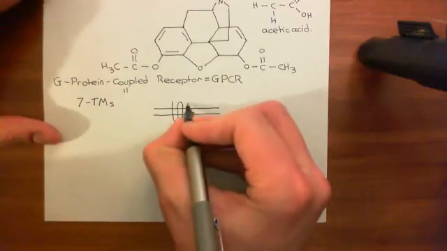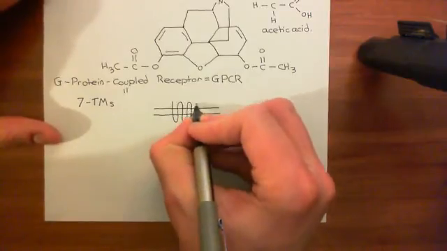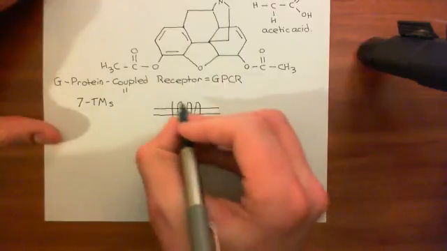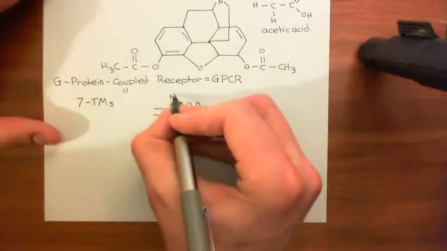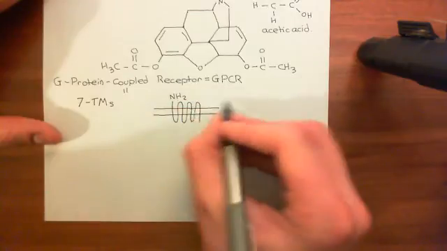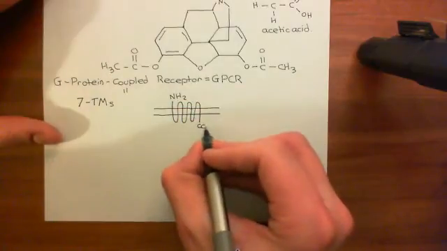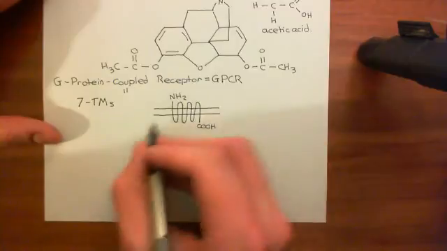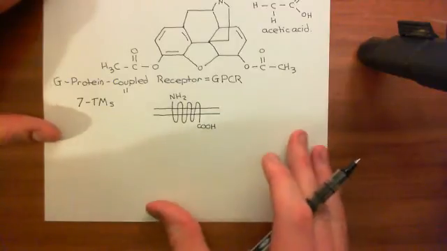They have 7 membrane-spanning alpha helices. That's their characteristic feature. Their amino terminus is on the extracellular side, which is this side of the membrane, and their carboxylic acid terminus is on the intracellular aspect of the membrane.